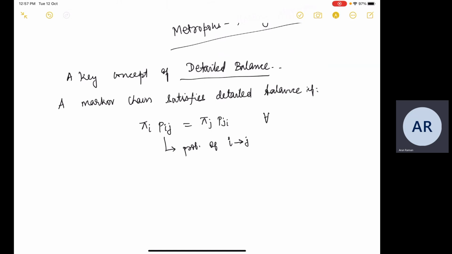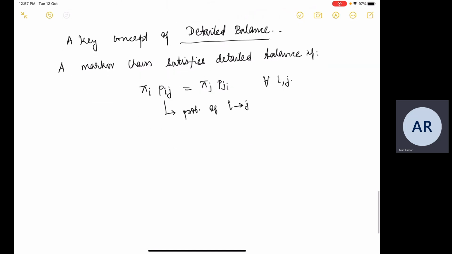This is true for all i, j in the state space. This is a very key concept.